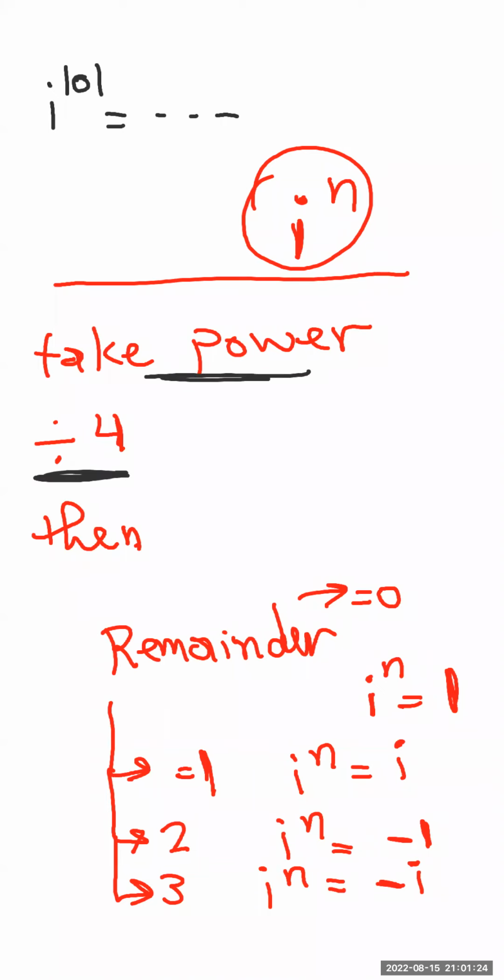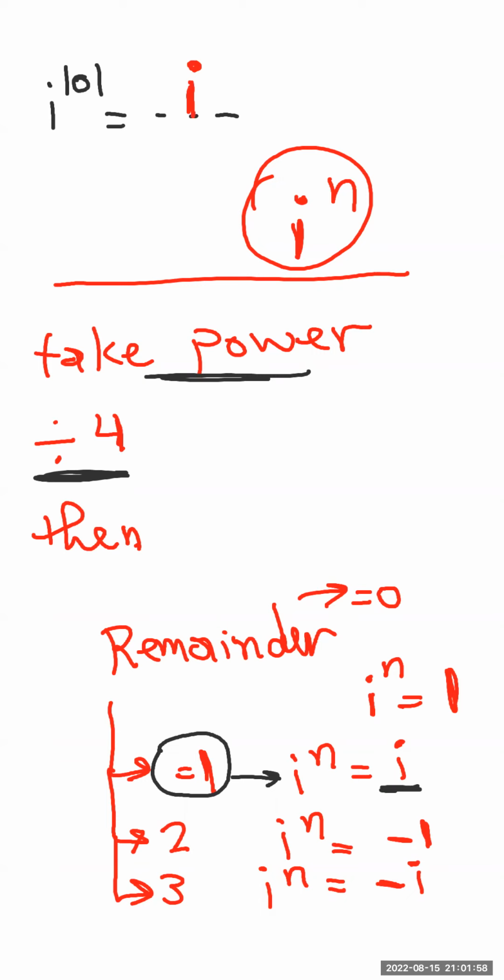Okay, 101 divided by 4, using the calculator, gives 25. And the remainder will equal what? 1, of course, because 4 times 25 equals 100, so the remainder is 1. The remainder of 101 will be 1. So the remainder is 1, so i to the power n equals i. So simply, i to the power 101 will equal only i.